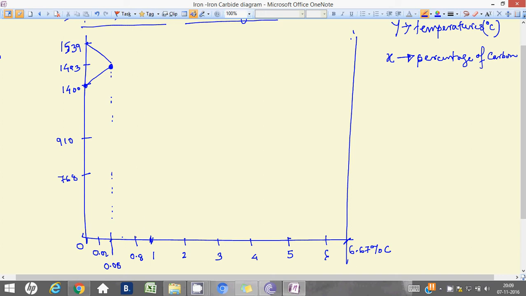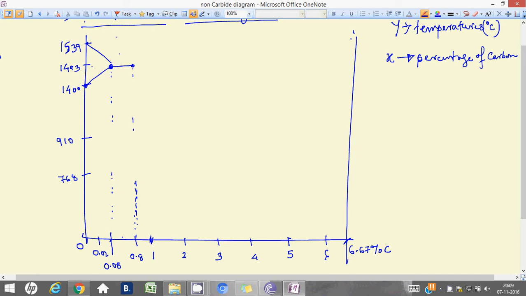Now, parallelly from this x, take another straight line. Sorry, it's getting curved, but it should be straight, with this 0.8 percentage, and we will mark another point parallel to the same line. And we will join this point and this point.